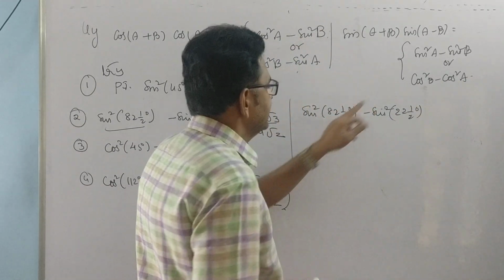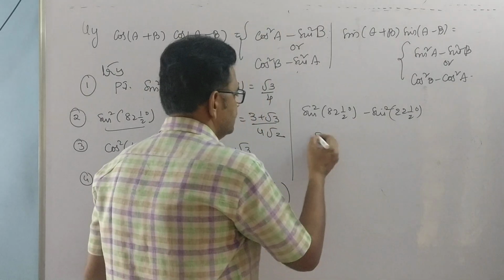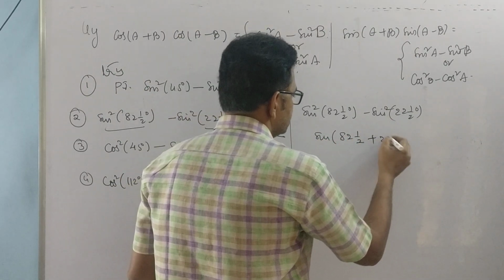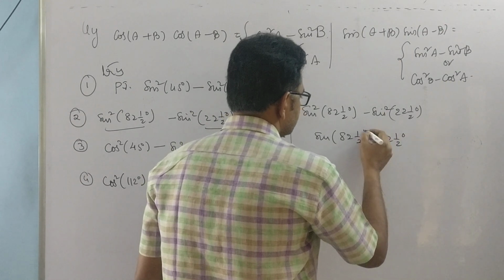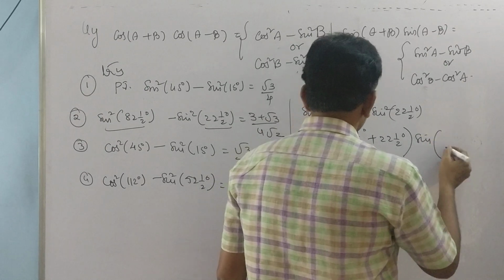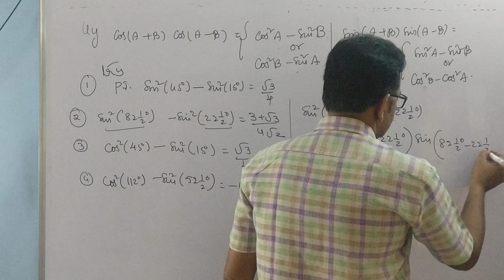So this is just like sin square a minus sin square b, that is sin of a plus b, sin of 82.5 plus 22.5 degrees, into sin of 82.5 degrees minus 22.5 degrees.